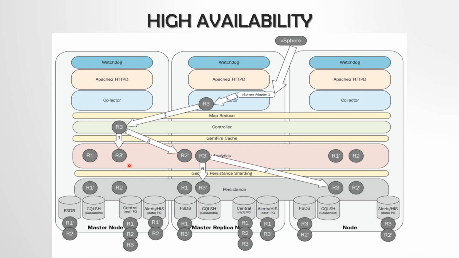After that, this information is being sent to the persistence layer of some other node. The primary data of that particular object is being sent to the data node, where it is stored in its FSDB and its historical inventory service, and its secondary data is being sent to the master replica's persistence layer, where the information is being sent to the FSDB and historical inventory service.